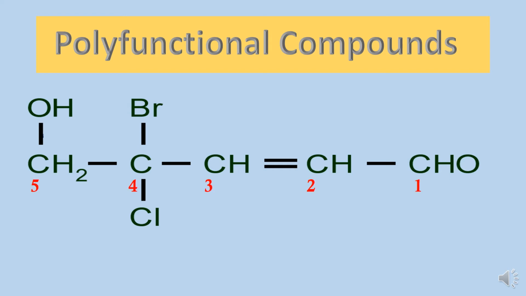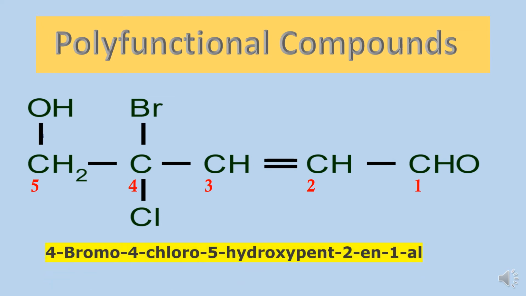Hence the numbering will be given from right hand side to left hand side, and the name of the compound will be given in alphabetical order by giving prefixes: hydroxy for OH group, bromo for bromine, and chloro for chlorine. So the name would be alphabetically 4-bromo, 4-chloro, 5-hydroxy, pent-2-en-1-al.